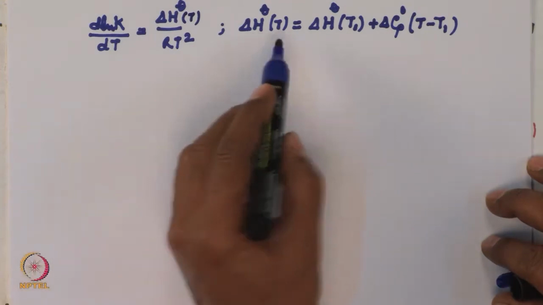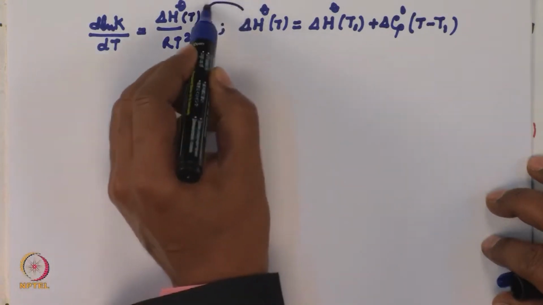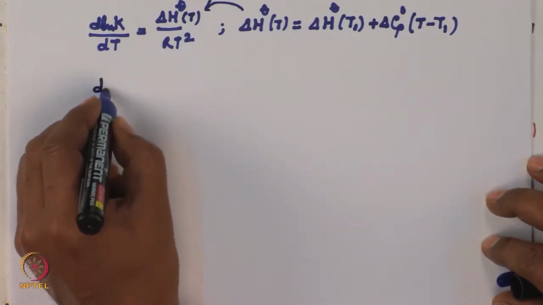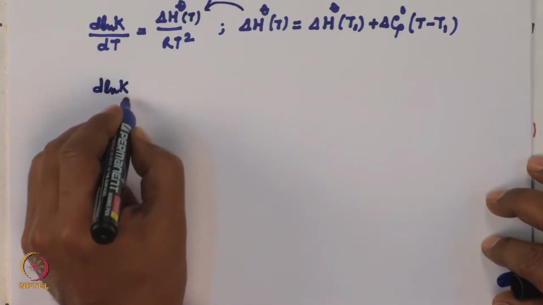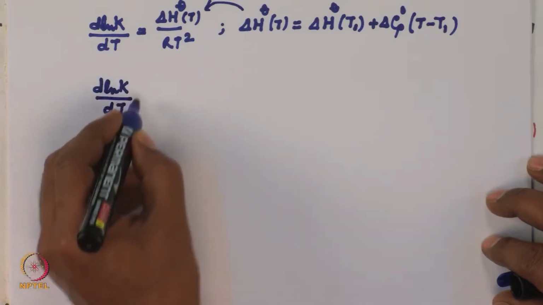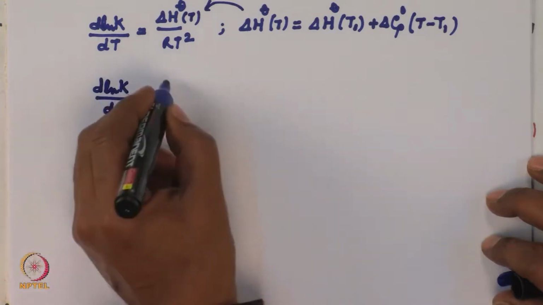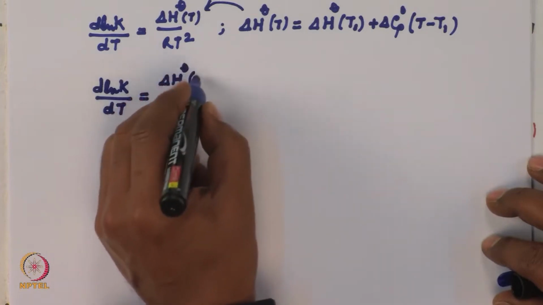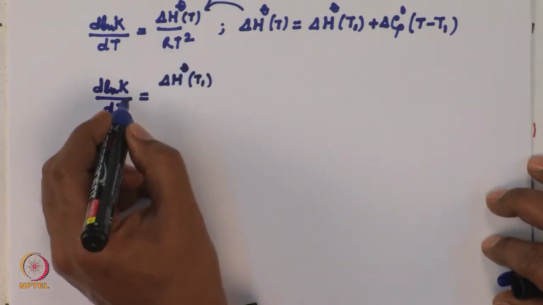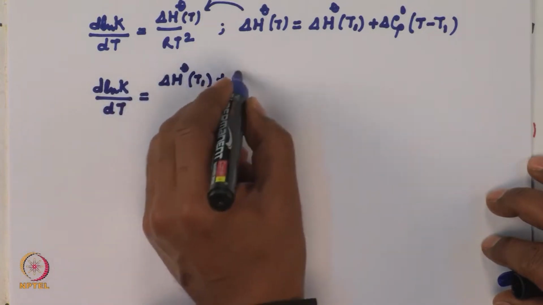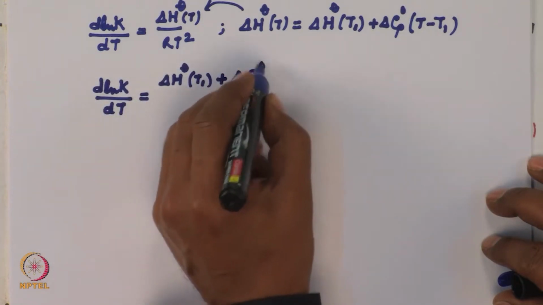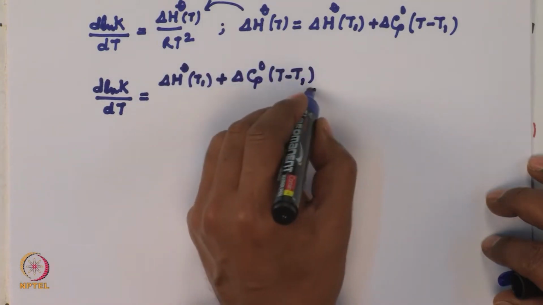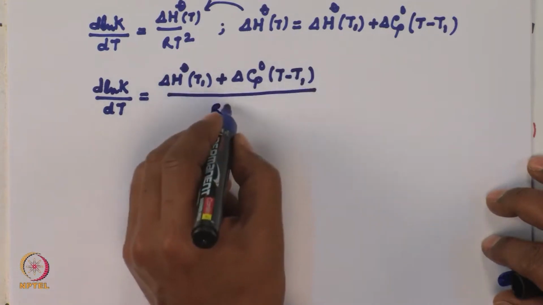Now I can substitute this over here. So what I have now is d log K by dT is equal to delta H naught at T1 plus delta Cp naught into T minus T1, over RT square.